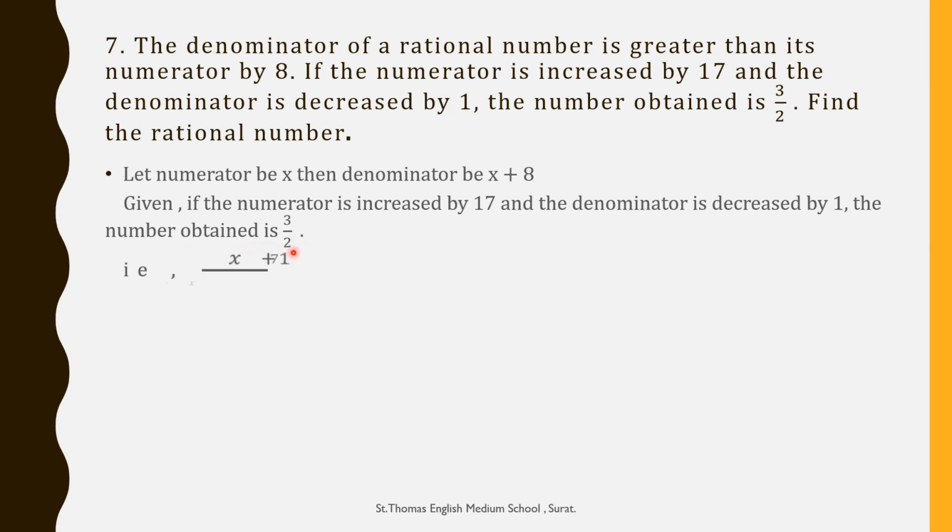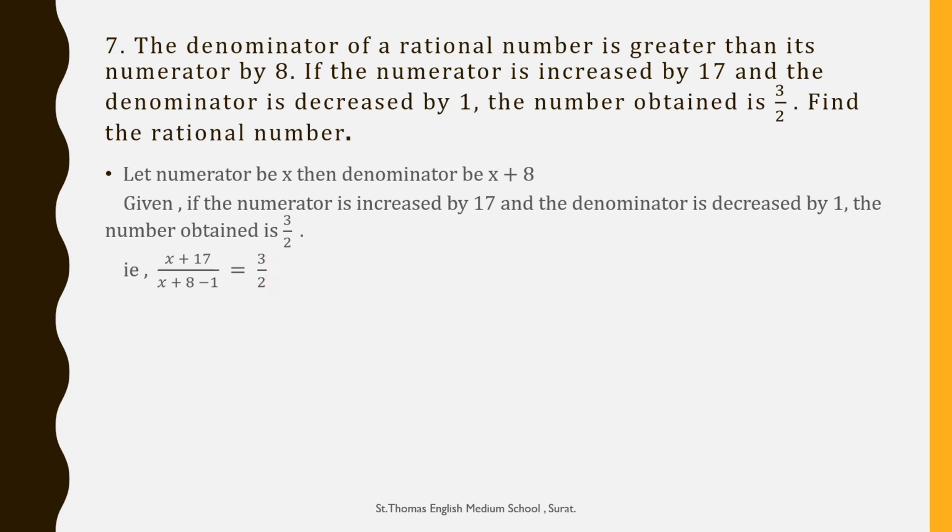So we can write like this equation: x plus 17 divided by denominator x plus 8 decreased means minus 1 is equal to 3 by 2.